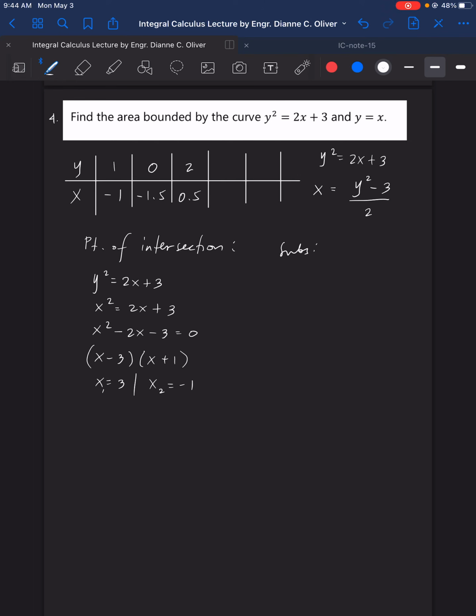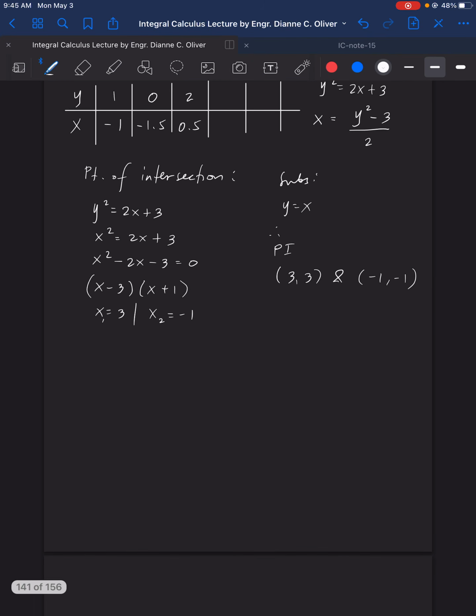Substitute. If y is equal to x, therefore point of intersections are 3, 3 and negative 1, negative 1. So that's the point of the line also. Okay, let's sketch that.